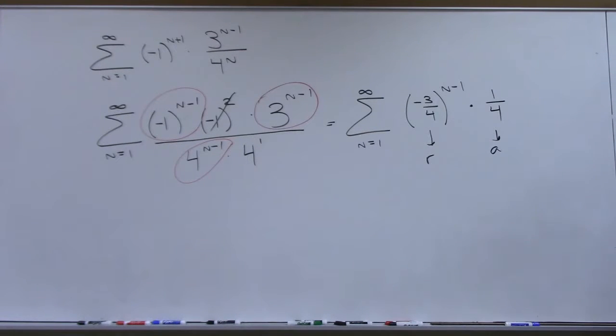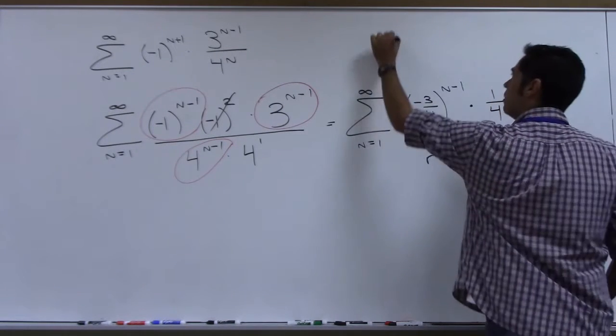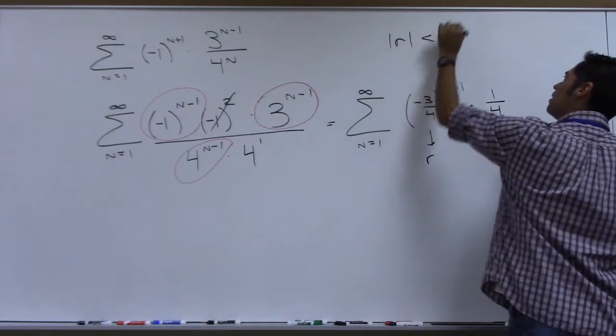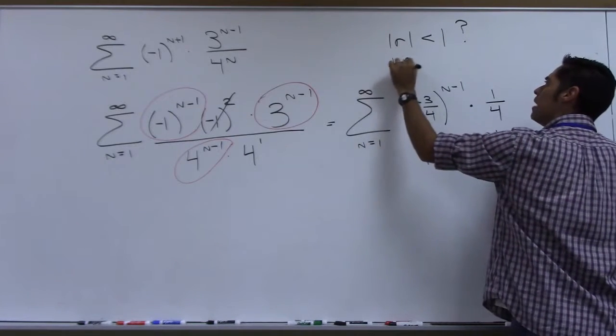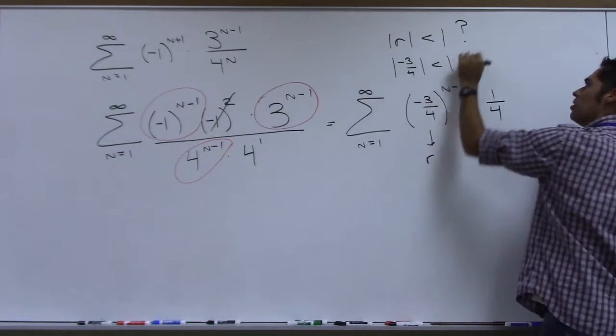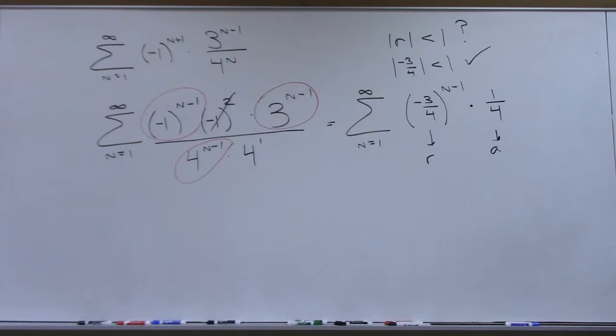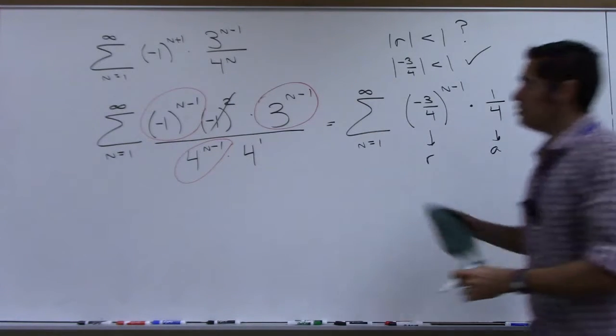Does this converge or diverge? What do I have to check? The absolute value of R has got to be less than 1. And it is, right? The absolute value of R needs to be less than 1. That's the question. That's the absolute value of negative 3/4. That is less than 1. Check. It converges then. And what does it converge to?